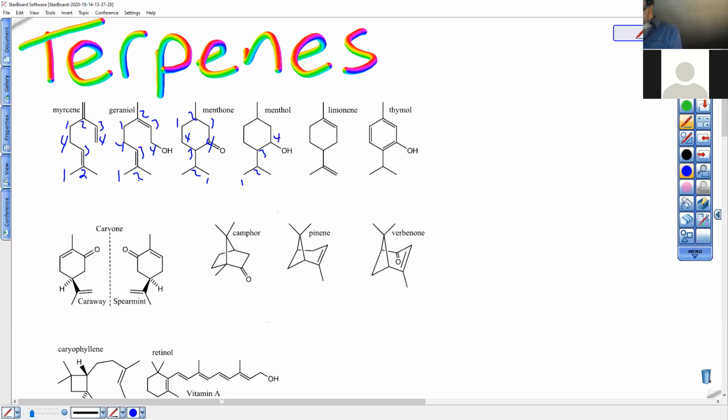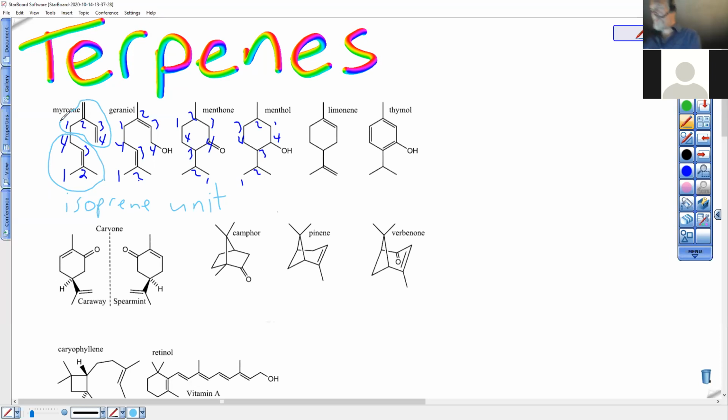We could have got the same pattern. 1, 2, 3, 4. 1, 2, 3, 4. And we circle these things. And there's a name. Every time you have the repeating pattern, you circle it. And that's called an isoprene unit. And you need a minimum of 2.